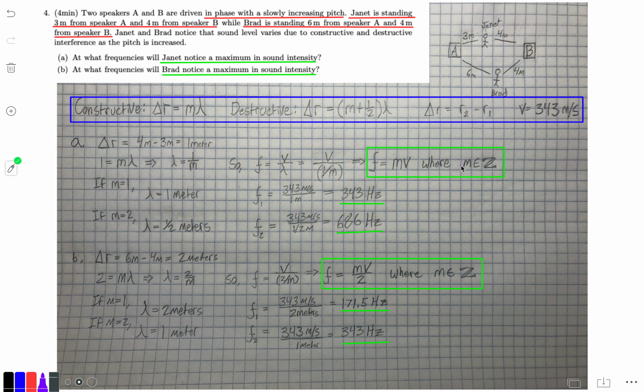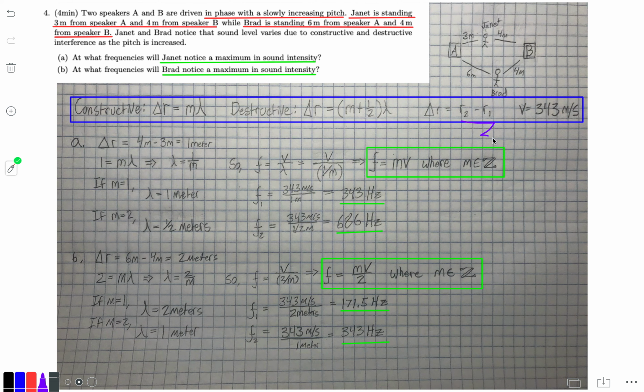So m can be anything within this set, all positive integers, and this is based on the fact that for your mode, you can increase the harmonic 1, 2, 3. It doesn't have to be odd or even in this case because it's an open system.